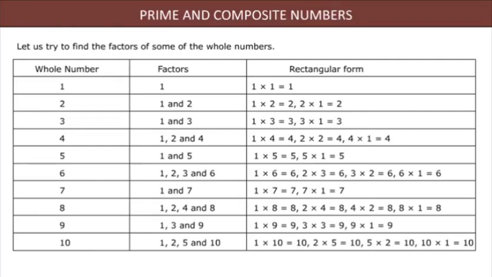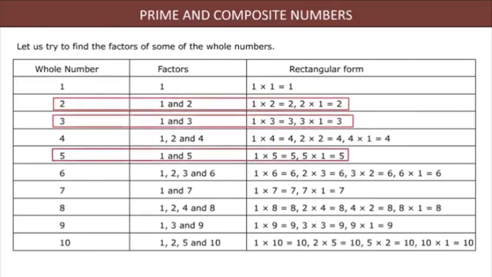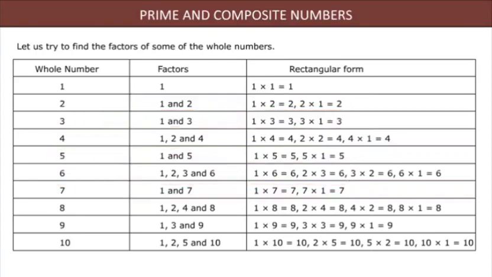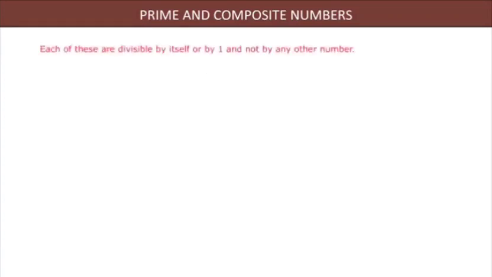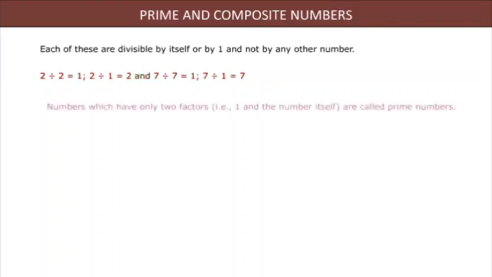In the above table, we observe that 2, 3, 5 and 7 have only two factors, the number itself and 1. Each of these is divisible by itself or by 1 and not by any other number. 2 divided by 2 is equal to 1. 2 divided by 1 is equal to 2, and 7 divided by 7 is equal to 1. 7 divided by 1 is equal to 7.